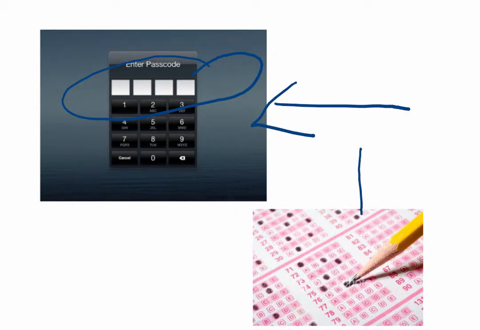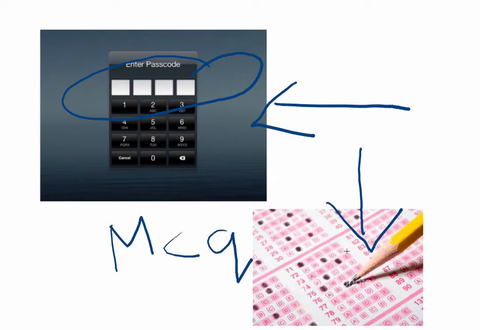Now, in a similar way, if you look down here, we're pretty used to taking MCQs, and each question has 5 possibilities. Assuming that I take a certain number of MCQs and I do not know the answers, if I were to take a guess, either A, B, C, D, or E, how many possibilities are there given a number of questions?